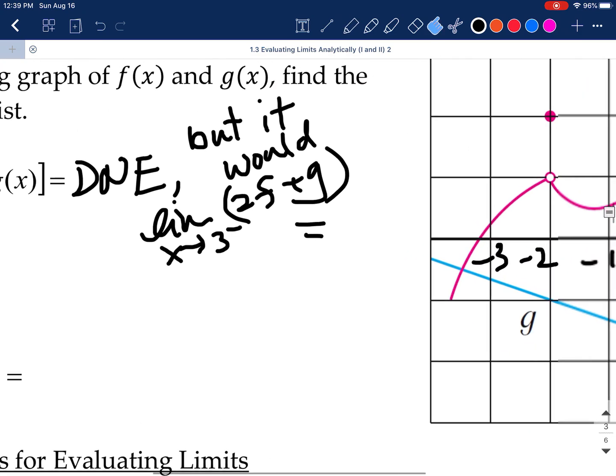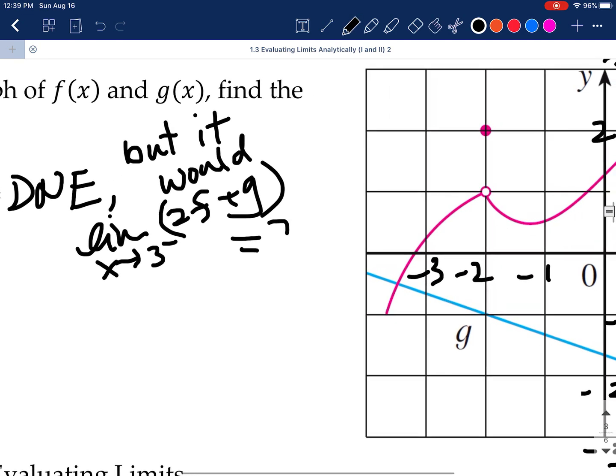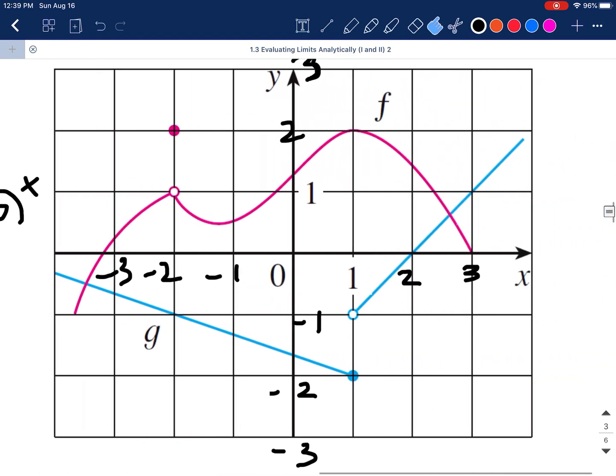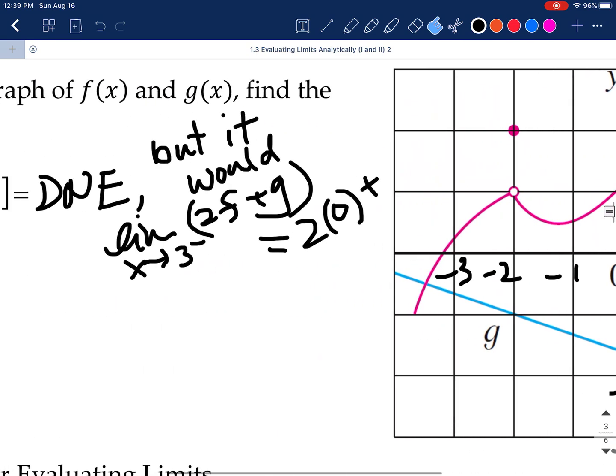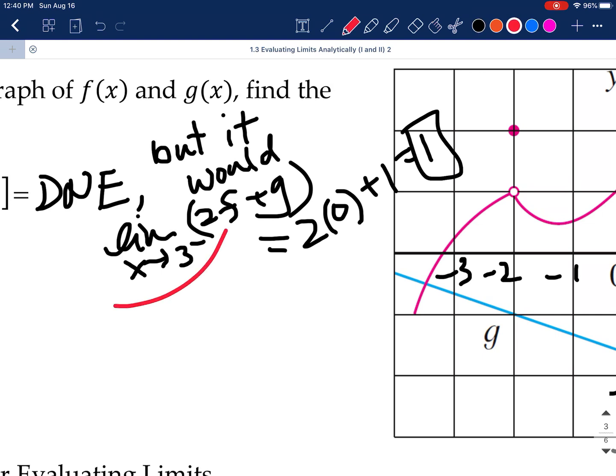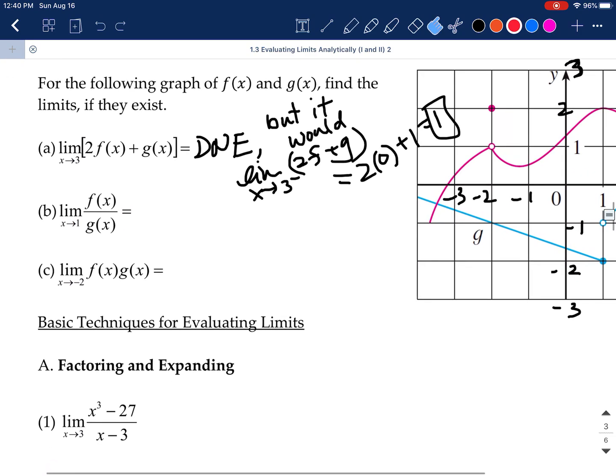Then we would have 2 times 0 plus g is approaching 1. So it would equal 1 if we were taking it from the left. But as it is, it does not exist because we are unable to check the right-hand side. So note our answer would be does not exist.